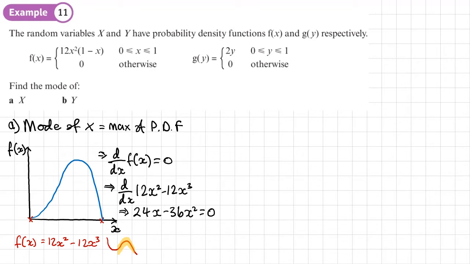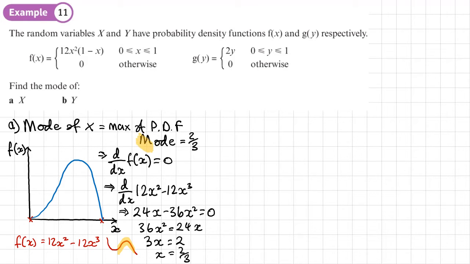And when does that equal 0? Well, that will give us 36x squared is equal to 24x. If we divide both sides by 12x, then we'll end up with 3x equals 2, and x is 2/3. So that tells us that the mode is equal to 2/3.